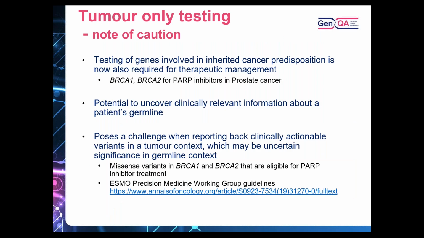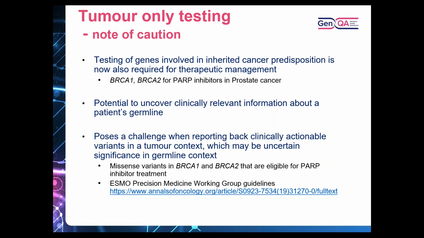So one note of caution is about tumor-only testing. At the moment, in the majority of strategies in cancer testing, most people look only at the tumor and don't always test the blood, which would allow the ability to do a germline subtraction or know what is present in the germline and what is only present within the tumor. So we know now that testing of genes involved in inherited cancer predisposition is also required for therapeutic management. A good example of this is BRCA1 or BRCA2 for PARP inhibitors in prostate cancer and also in ovarian cancer.